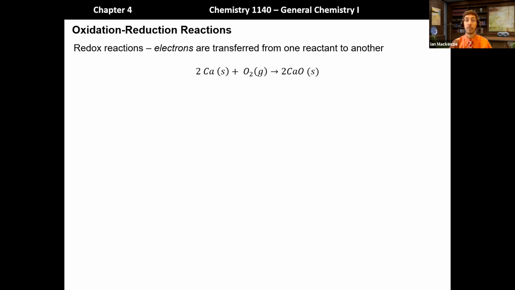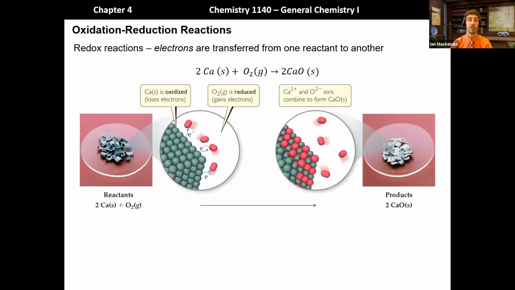And a classic example of this is the reaction between calcium metal and oxygen. If we start with calcium metal on a plate and just leave it out in the air, what we'll see over time is that it will be transformed into this white calcium oxide.